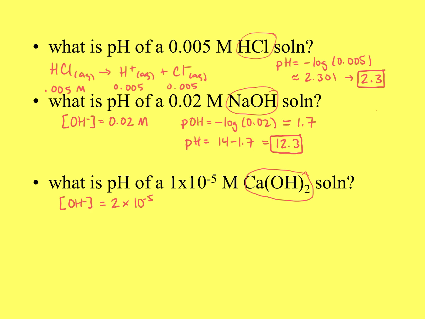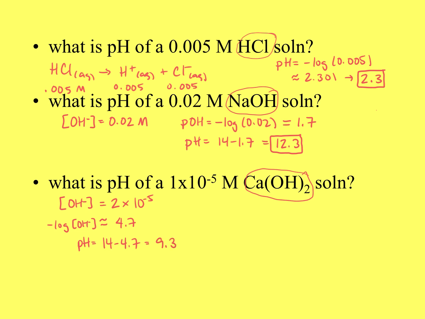We're going to use that to find the pOH, which in this case would be 4.7. The negative log of hydroxide comes out to 4.7. Therefore, the pH of that will be 14 minus 4.7, which is 9.3.